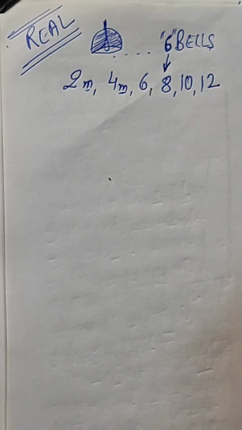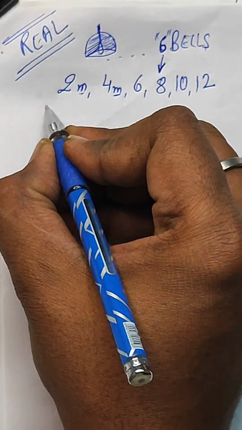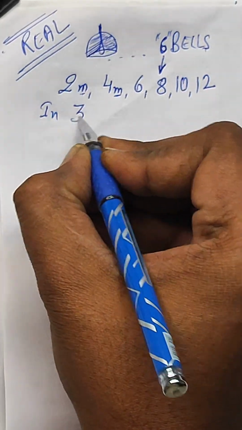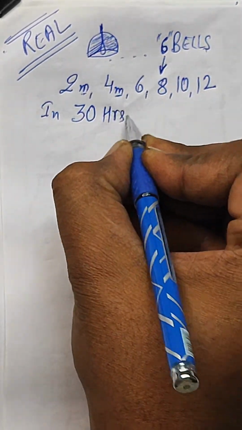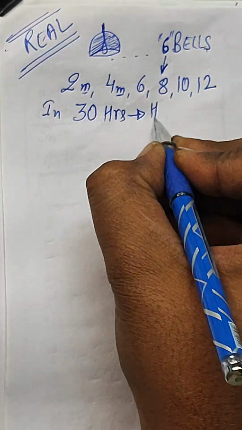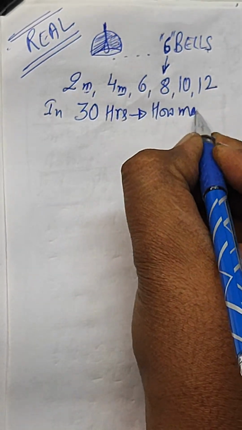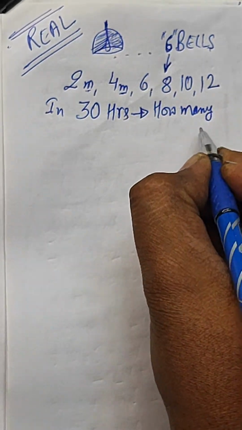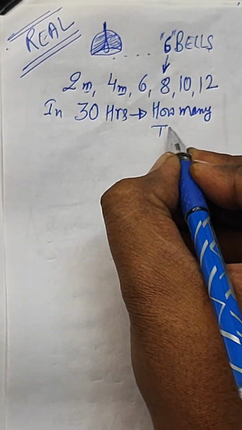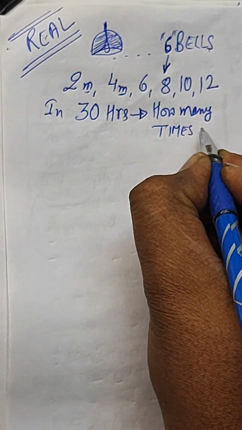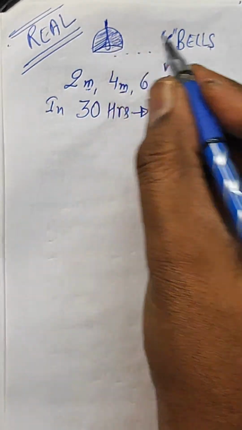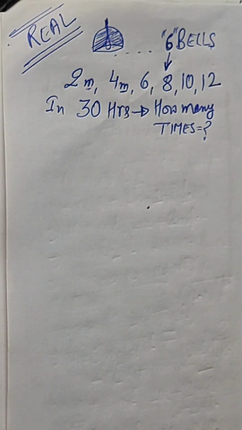We need to find in 30 hours how many times do they toll together. So in 30 hours, how many times will the bells ring together? This is the question to us.